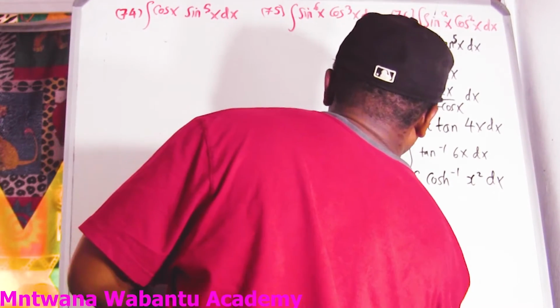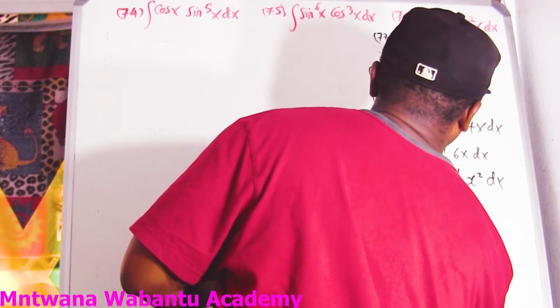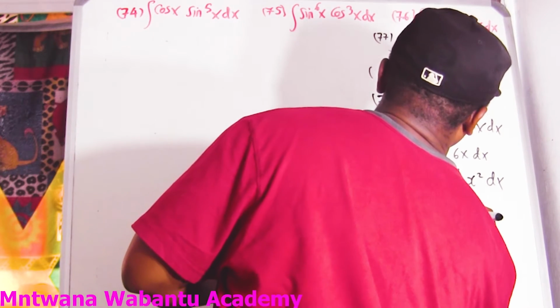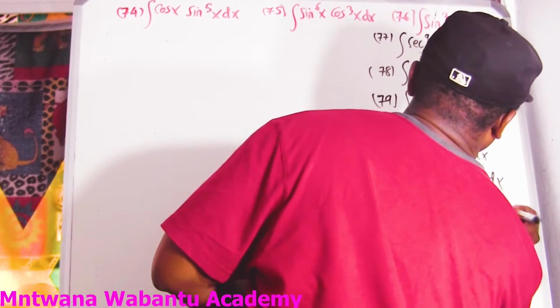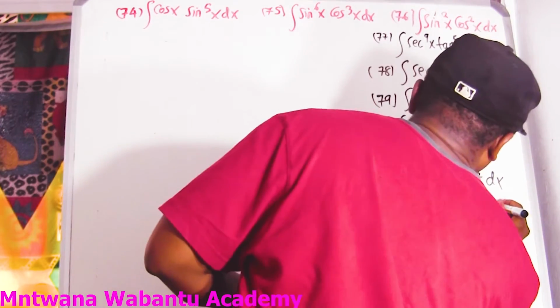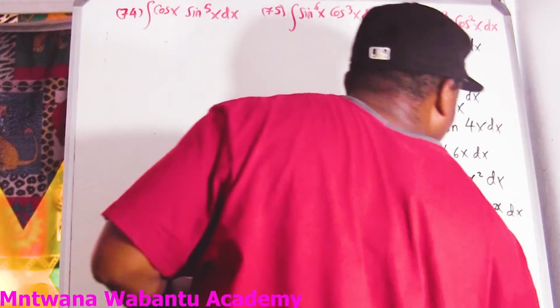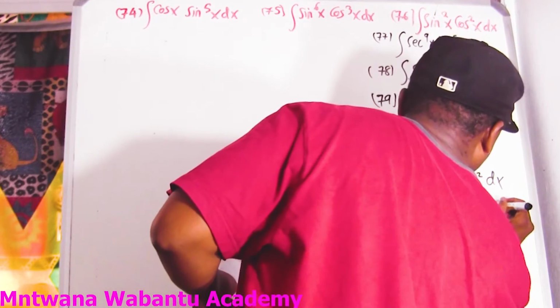Okay, 83, integral of arc cot e to the x dx. Let's say e to the power 2x, yeah, e to the power 2x.